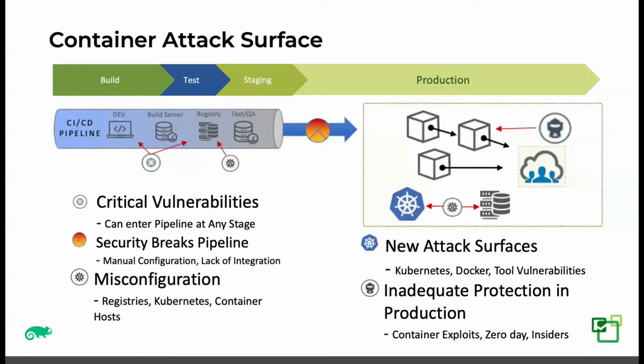Now, before I dive into the production side or runtime side, let's take a little step back and let's recap the entire attack surface of the life cycle of a container. You heard from Paul about all the bad things that can happen in the dev stage, how critical it is to manage open source artifacts and licenses and look for vulnerabilities very early in the pipeline and prevent them from even getting into a registry, because vulnerabilities can enter really at any point in the pipeline.